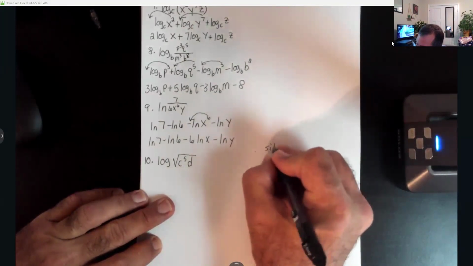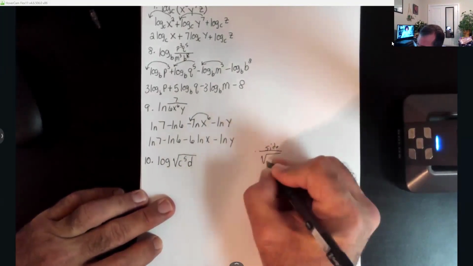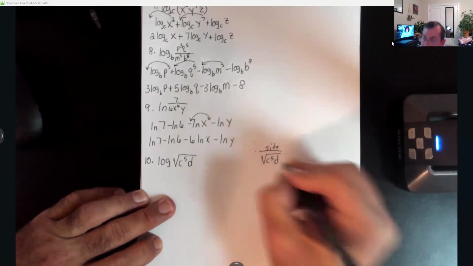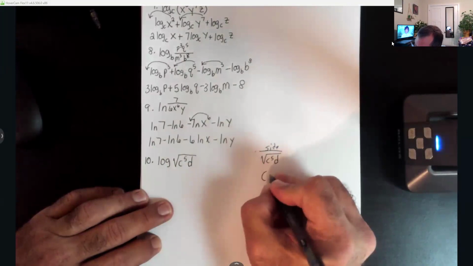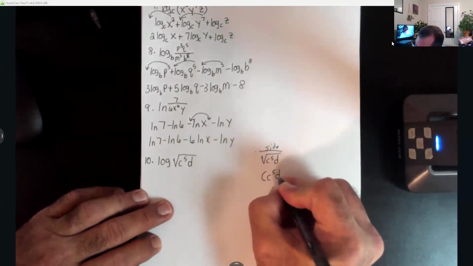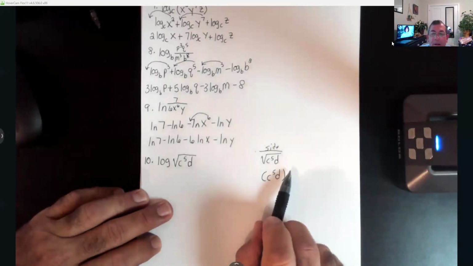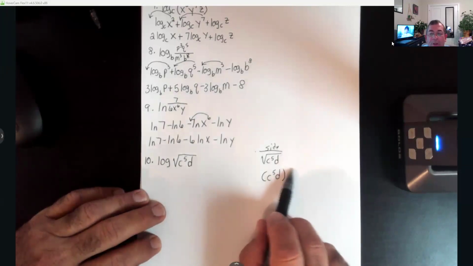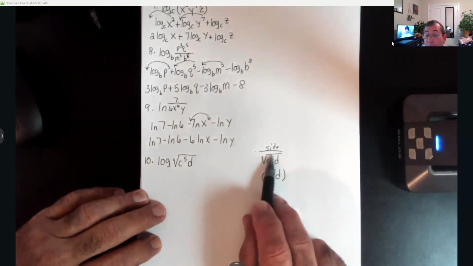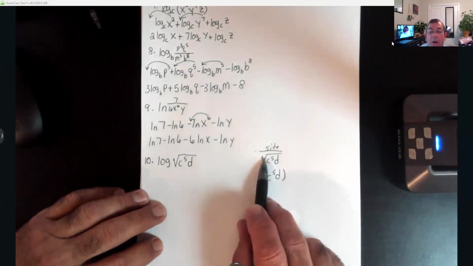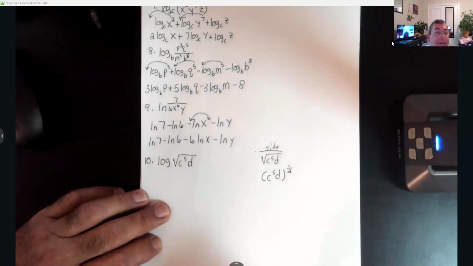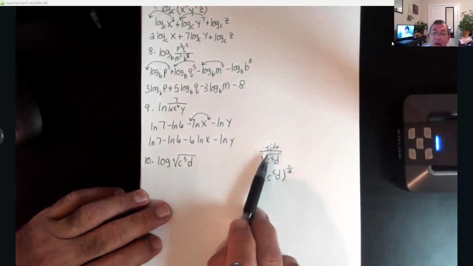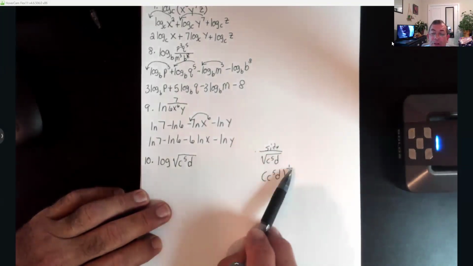So on my side, let's play with that. My first step, this c to the 5th d, I would put that in parentheses first. And then what exponent would this square root turn into? The square root would turn into a 1/2. Remember, if there's not a number in the little notch here, it's automatically a 1/2, okay?